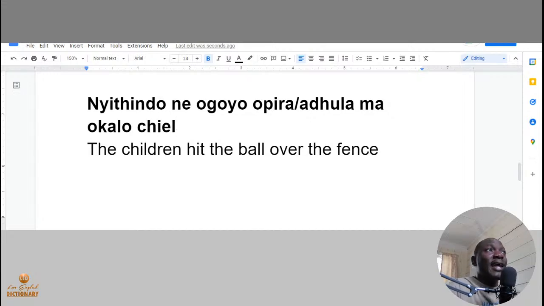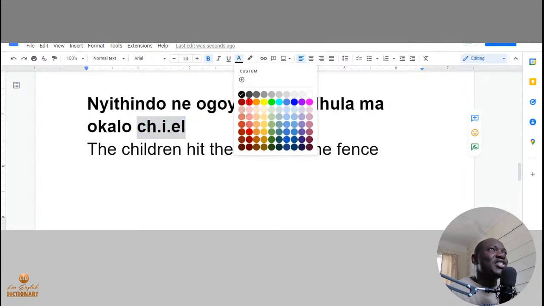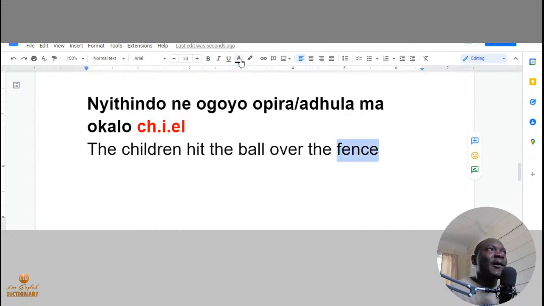Nyithindo ne ogoyo adula ma okalo chiel. So the children hit the ball over the fence. The fence is called chiel. Again, I and E making an appearance for the second time. I and E. So chiel is fence.